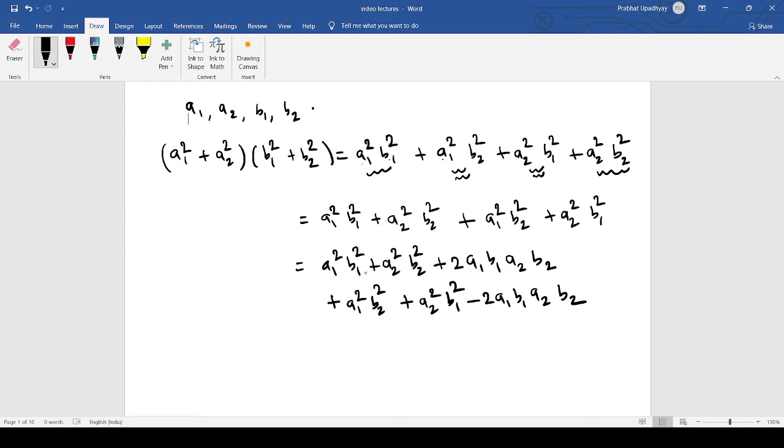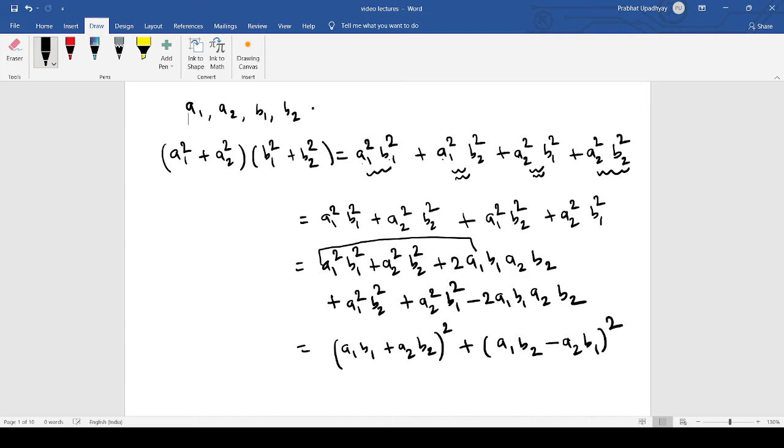And now you can see this term will give you (a1 b1 plus a2 b2) complete square, and the remaining term a1² b2² plus a2² b1² minus 2 a1 b1 a2 b2 will give you (a1 b2 minus a2 b1) complete square.